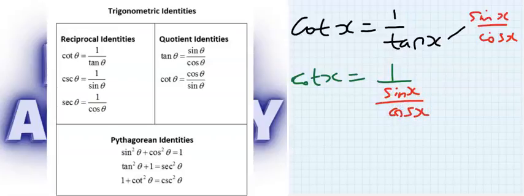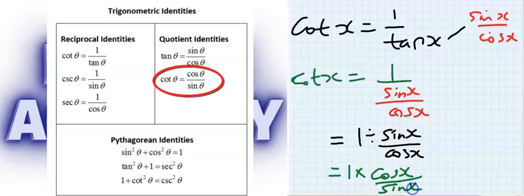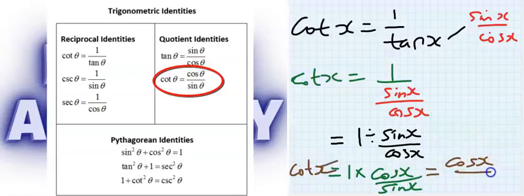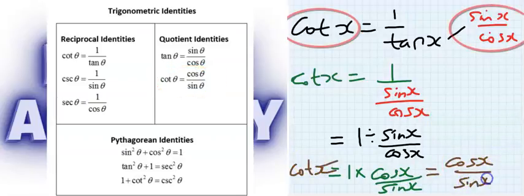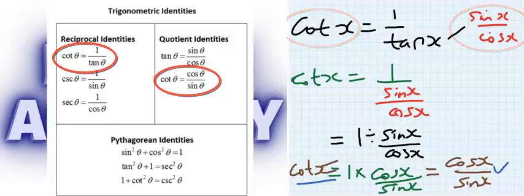And if you have this as 1 divided by sine x over cos x, you now have 1 times this inverse, which is cos x over sine x, and you see that cot x is cos x over sine x. This is a very important identity to remember.